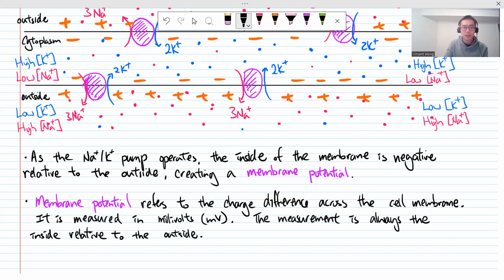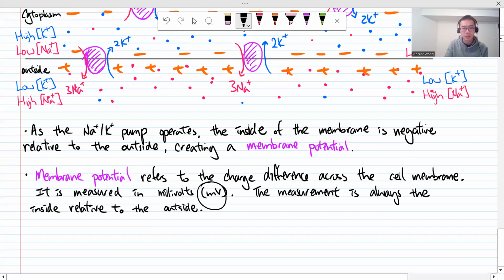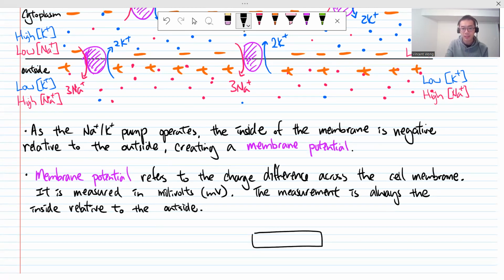For those of you who don't quite understand the concept of volts, you can look at your battery, like the standard AA battery. It will tell you it's 1.5 volts. You have the bigger ones too, the 9-volt battery. So volts is basically a measurement of the charge difference between the positive and the negative terminal.